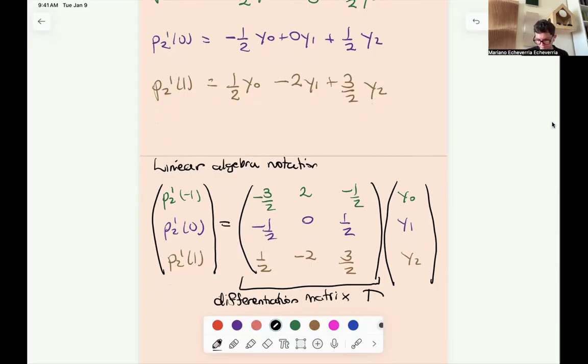I'll call it D for differentiation. So this matrix will always be called D, but this is the matrix associated to the choice of nodes that we made, so associated to the nodes -1, 0, and 1.